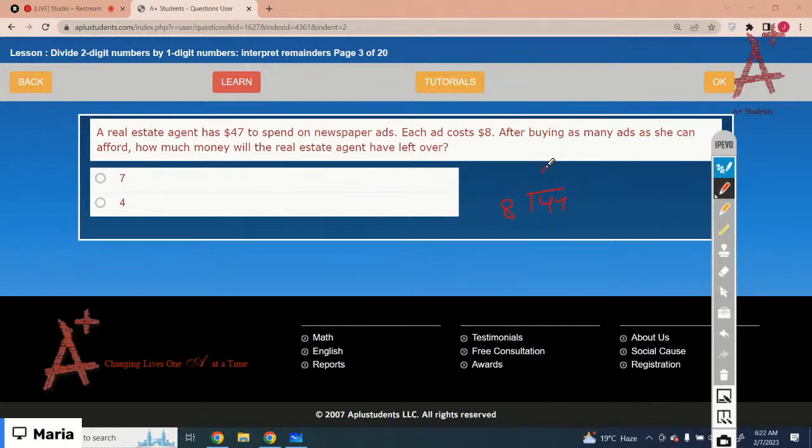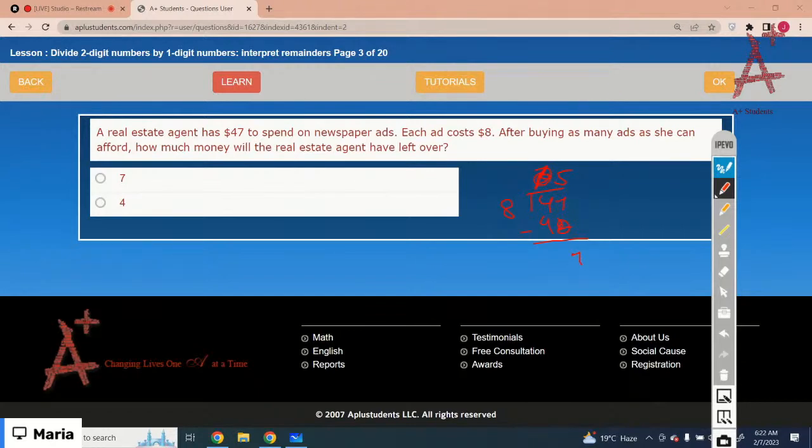8 times 7 is 56. 8 times 6 is 48. You can go for 8 times 5. 8 times 5 is 40. So 47 take away 40 is 7. Got it? That means how much money will the real estate agent have left over?